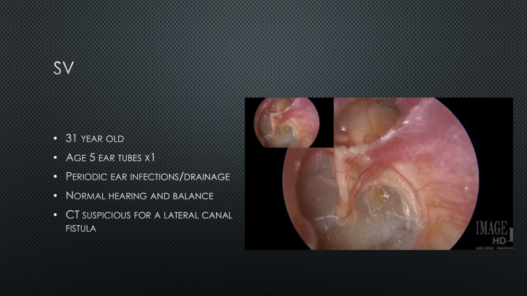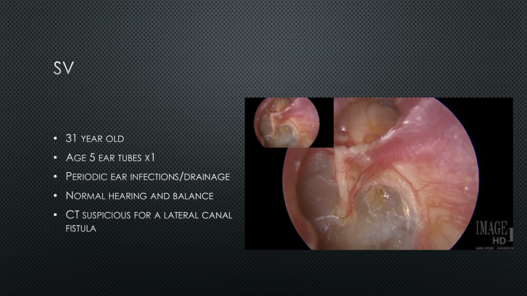It's interesting, yeah. Last case I have is a 31-year-old who, at age 5, had one set of ear tubes. He had periodic ear infections during his life, treated with drops, and things would resolve.